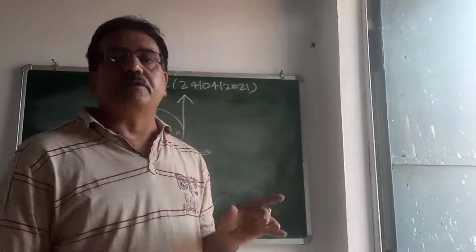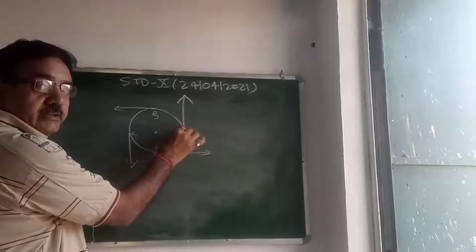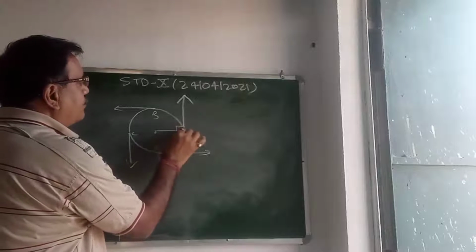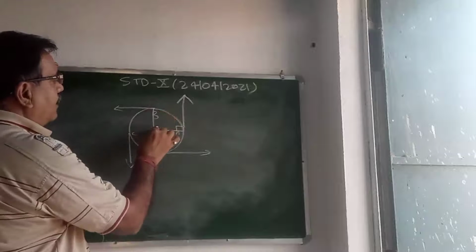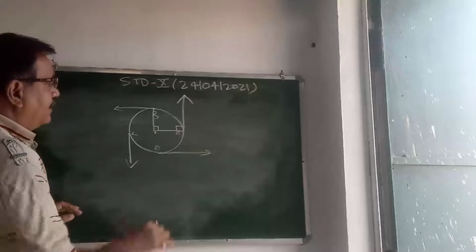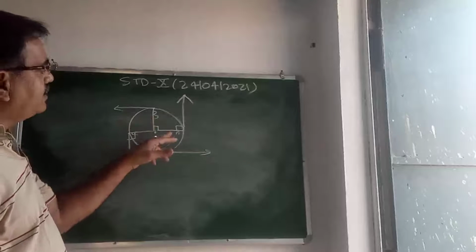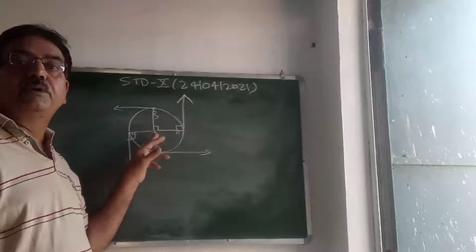So see this displacement when the body is at A. What is the angle between the centripetal force and displacement? 90 degrees. In each case here, what is the angle? 90 degrees. So in each case, the displacement is normal to the centripetal force.